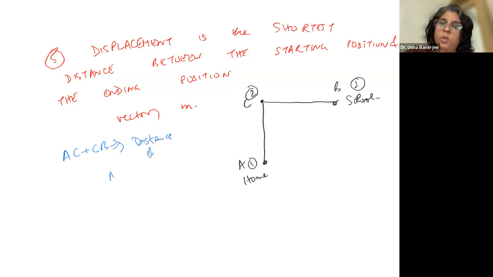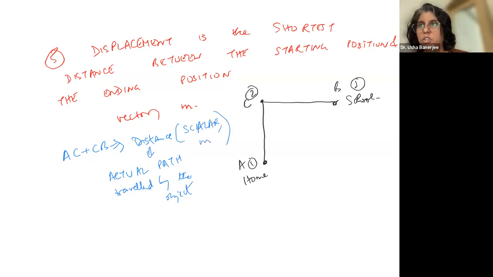Distance is the actual path traveled by the body or the object. Distance is a scalar quantity and the unit is meter. So AC is distance, CB is distance. Now displacement will be the shortest path. So this dotted line is the displacement of your body from your home to your school. So displacement is the shortest distance.